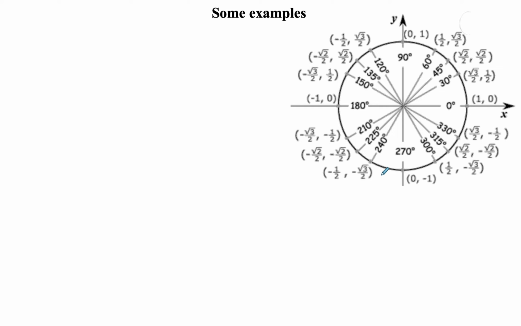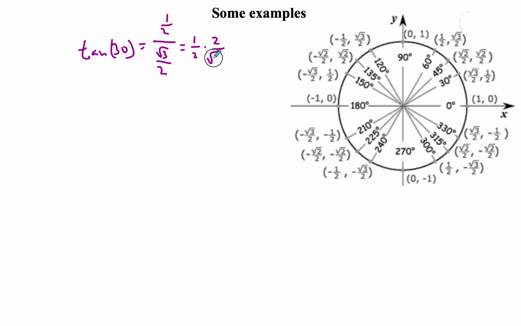Okay, some examples. If I want to find the tangent, let's go with 30 degrees. I'm going to go to 30 degrees and find the y over the x. Now, dividing fractions means you take the top and multiply by the reciprocal.